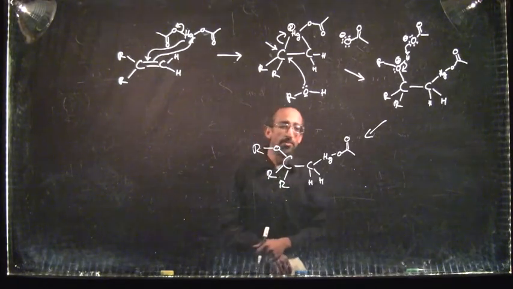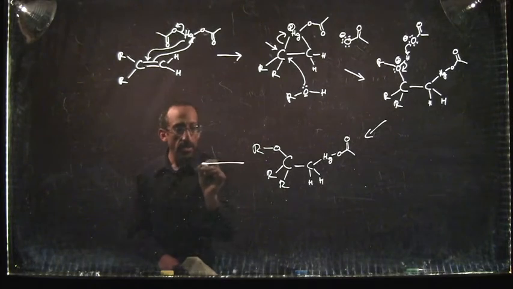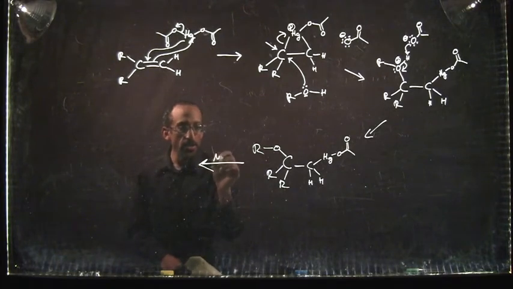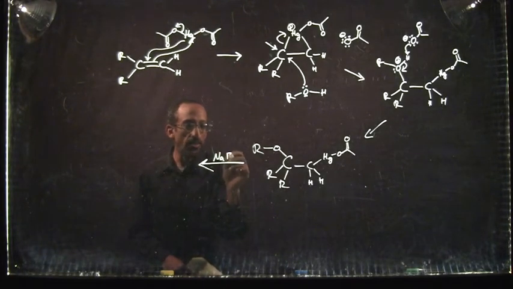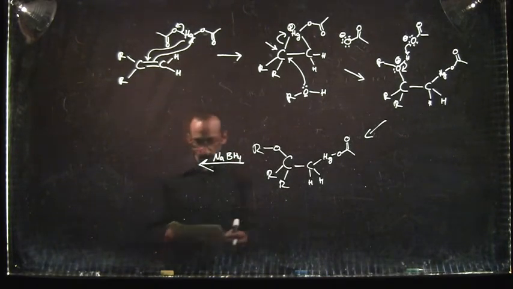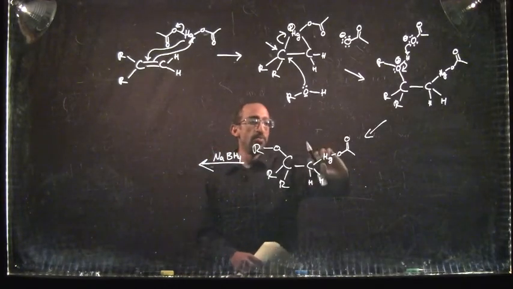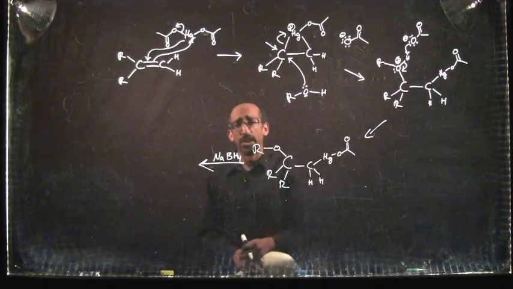So here now we've formed an ether, and for the final step, we use a special reagent called sodium borohydride, NaBH4, which is a reducing agent, and that reducing agent actually removes the mercury and replaces it with a hydrogen.